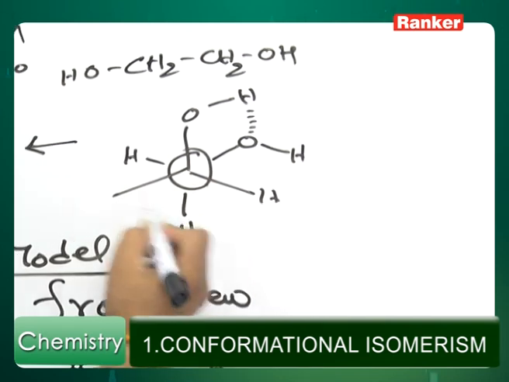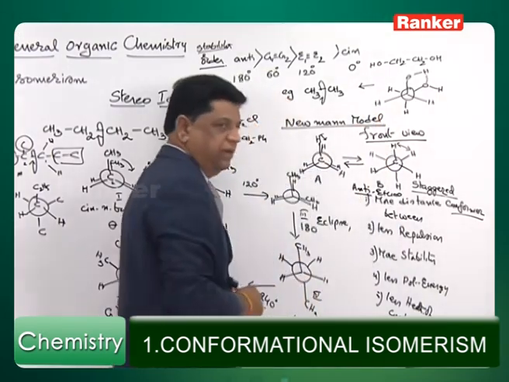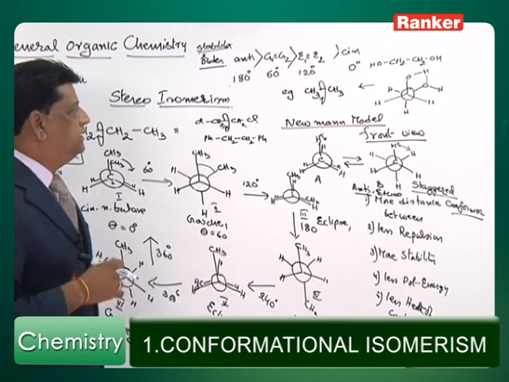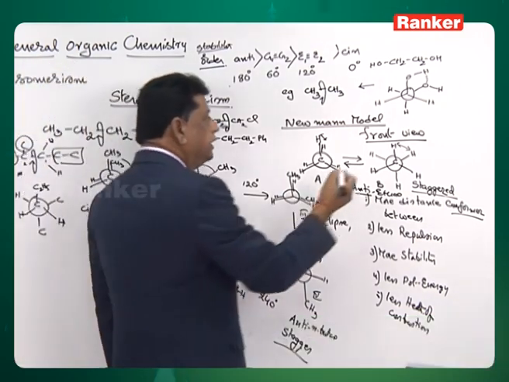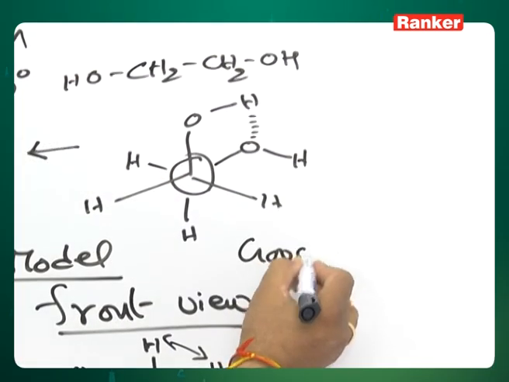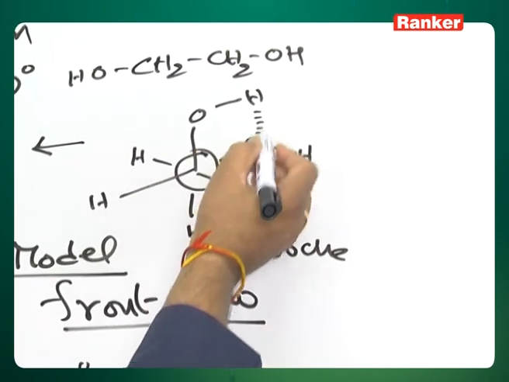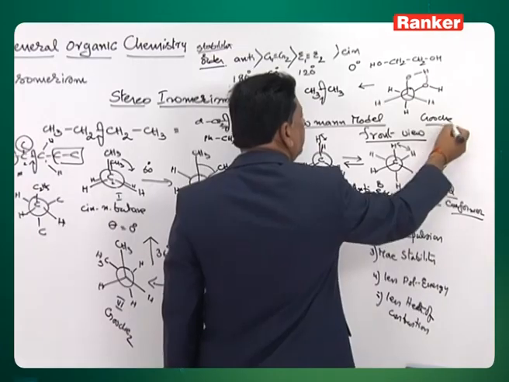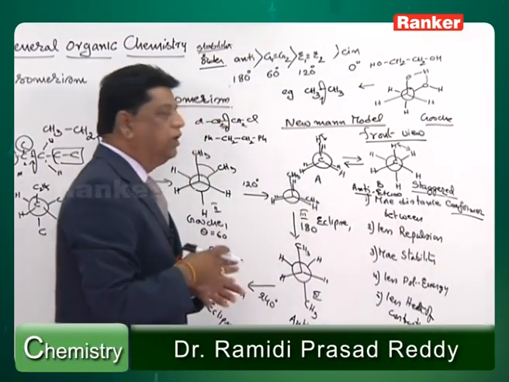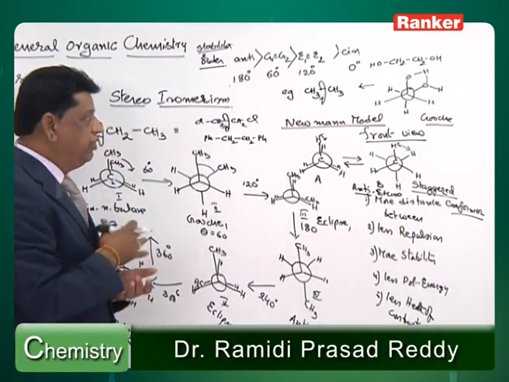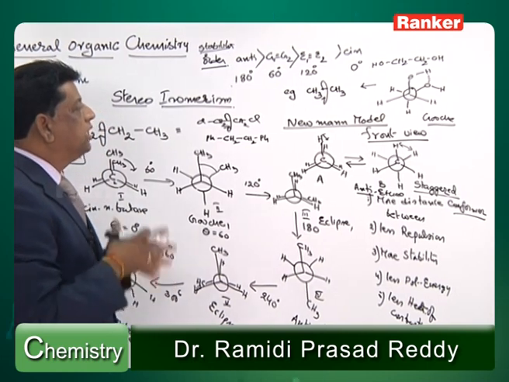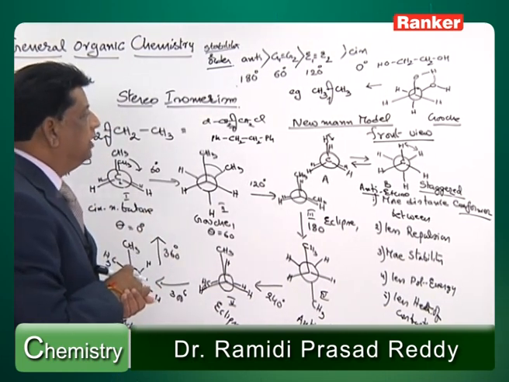We expect the anti-conformer to be the most stable. But in this particular case, ethylene glycol, it is the gauche conformer. Gauche means what? The first group and second group separated by 60 degrees has got an intramolecular hydrogen bonding, and the gauche conformer happens to be the most stable staggered conformer of that particular series.